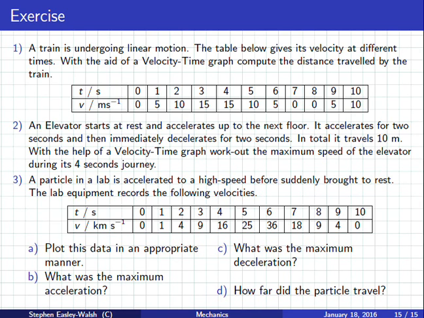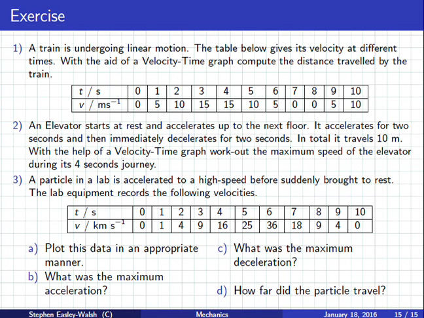And the height is 15. 3 times 15. Alright, so let's add this up. That's 2 times 20 plus 20 plus 25 plus 1.5 times 15. So I got 107.5 meters.